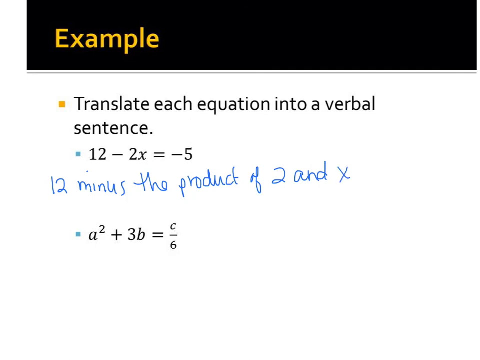Whenever you can, use sum, product, quotient, difference, or those grouping words, so I know that I've grouped 2 and x. So 12 minus the product of 2 and x equals -5. And there I've translated it into a verbal sentence.